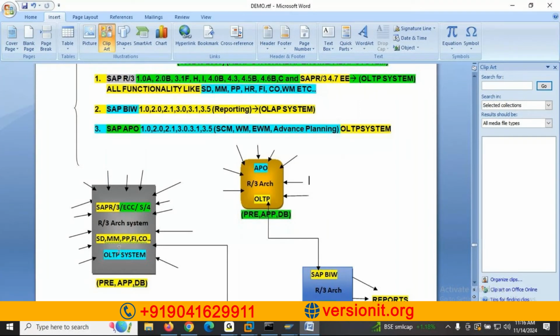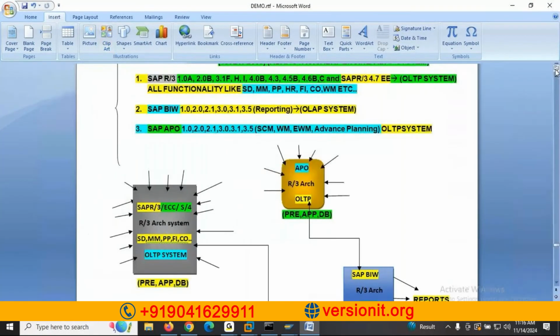In R3 itself, you have varieties of systems. And you'll be having additional varieties of systems in APO. So you need to monitor the R3 landscape and the APO landscape. That's it. So work has extended. But the way you work in R3 and in APO remains the same as a basis admin.